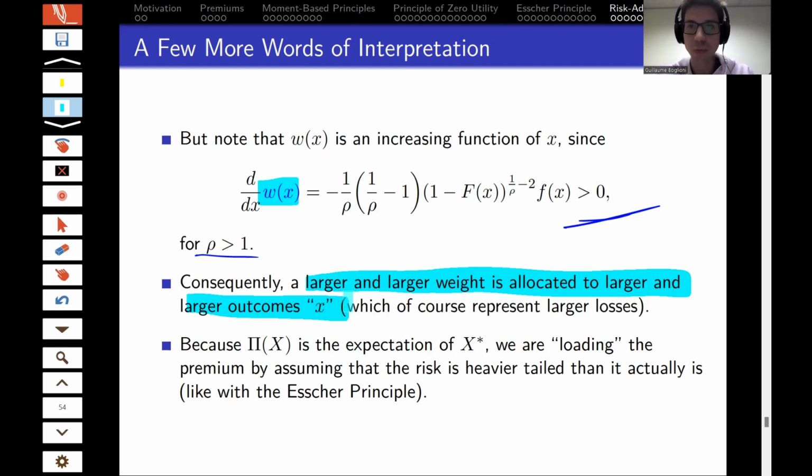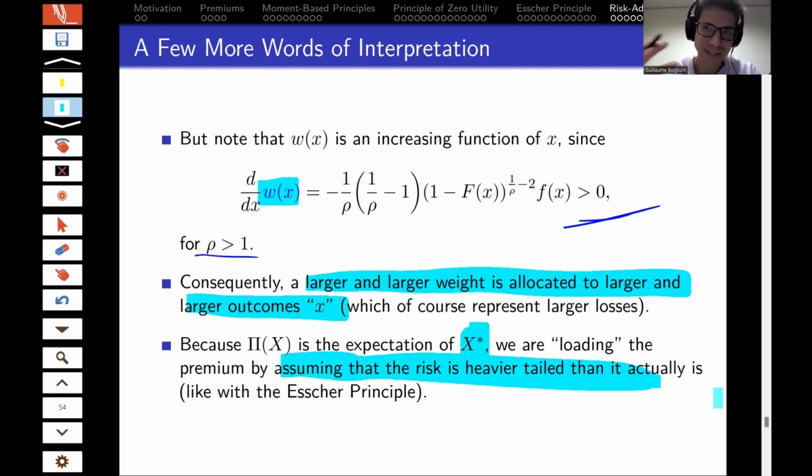We're charging a premium by putting a loading in the following way. We find an X star that is riskier than the initial X, and then we take the pure premium of this X star. But this is in fact loading the premium of X, because we pretend that X is heavier tailed than what it really is by this transformation.